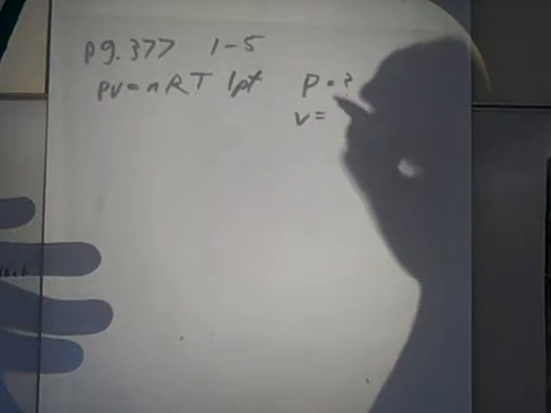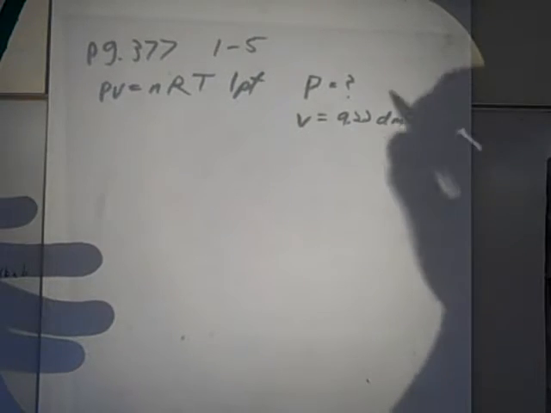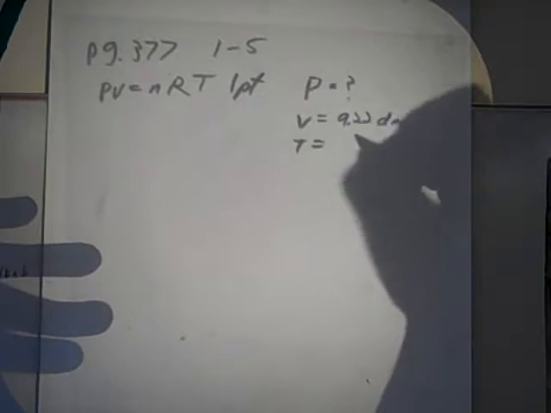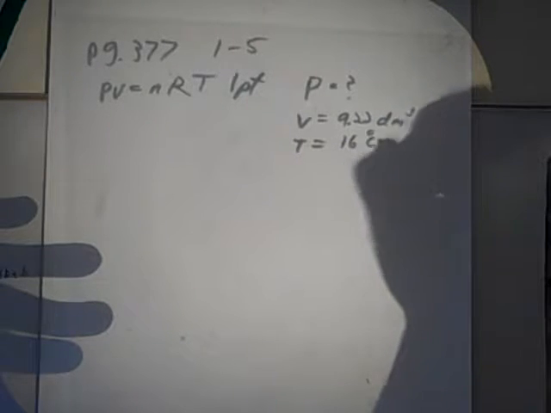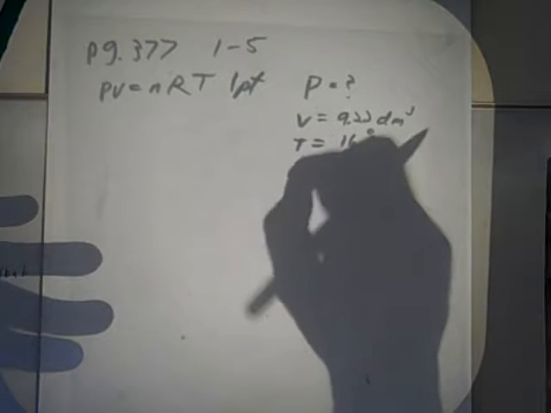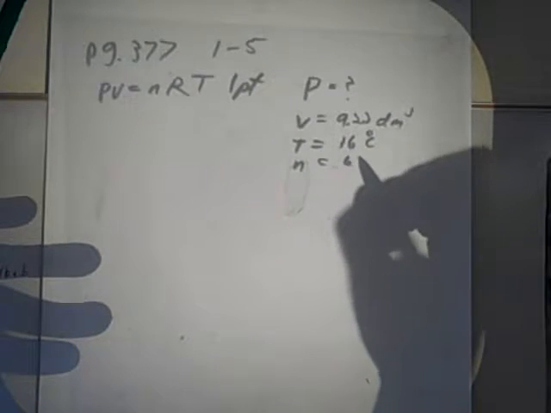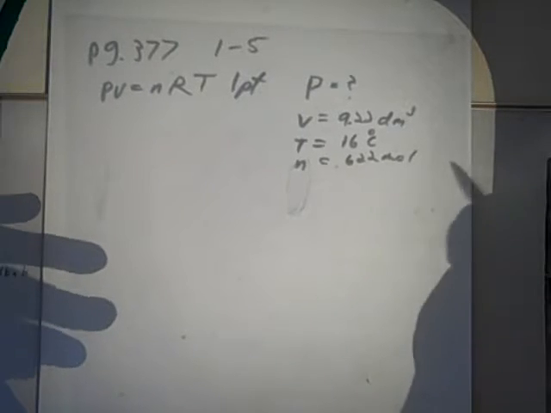My volume is 9.22 decimeters cubed. My temperature is 16 degrees Celsius, and my moles is 0.622 moles.